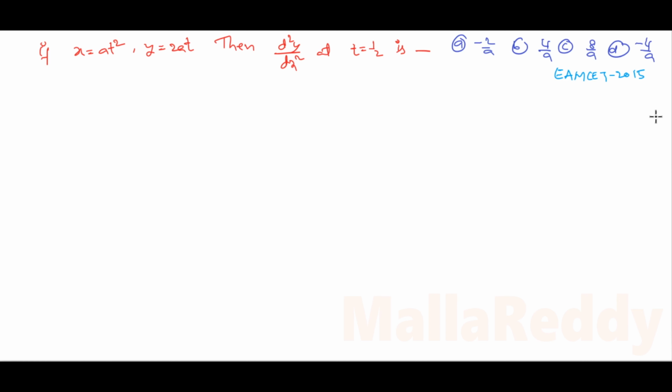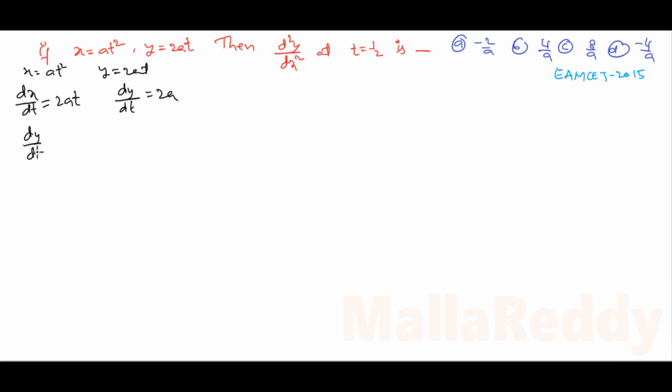If x is equal to at square, y is equal to 2at, then d square y by dx square at t is equal to 1 by 2 is dash. Here x is given as at square and y is equal to 2at. So the derivative of x with respect to t, that is dx by dt, is equal to a into the derivative of t square, 2t, that is 2at, and the derivative of y with respect to t, dy by dt, is equal to 2a.